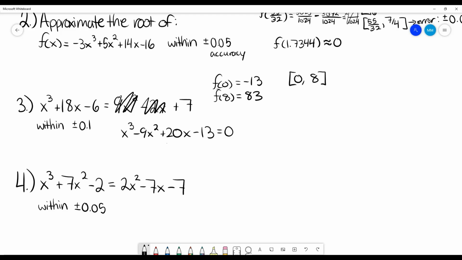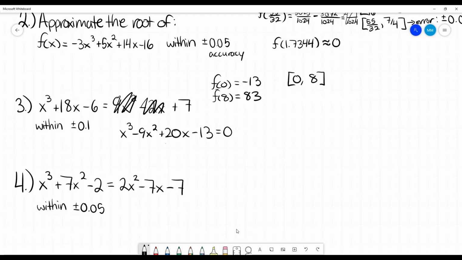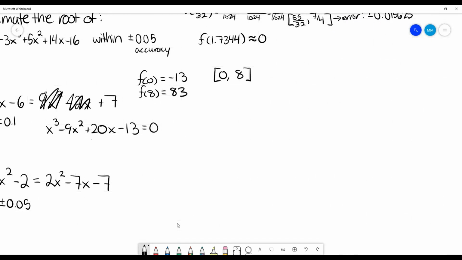And so we're first going to cut that in half. So we're going to plug in f of 4, which should be 4 cubed is 64, minus 9 times 16 is 144, plus 20 times 4 is 80, minus 13.